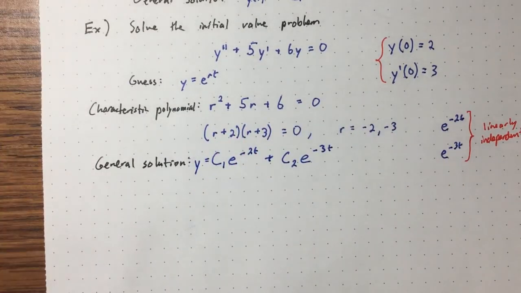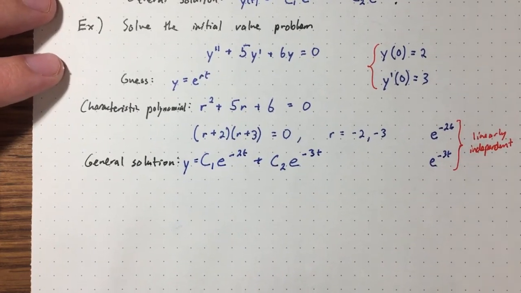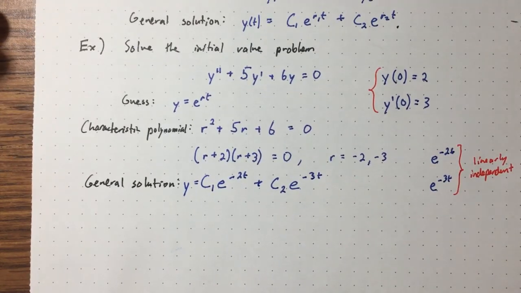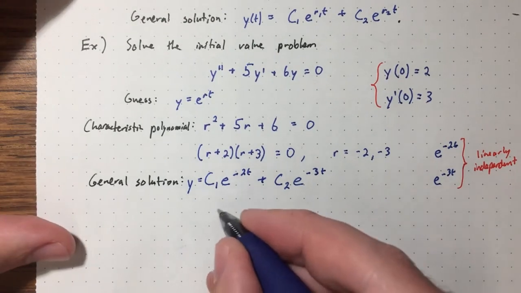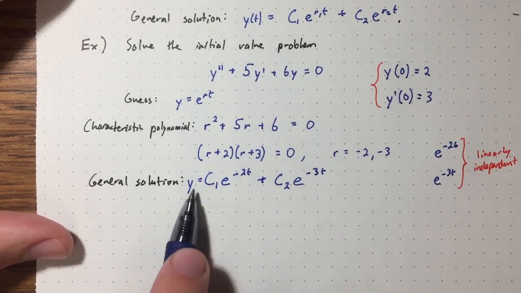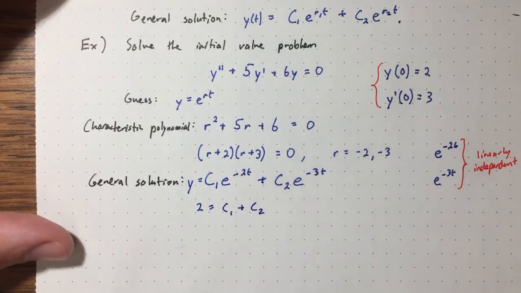So that's my general solution. We're almost done. We just need to now plug in our initial conditions. What if we use the first one? Plug in 0 for t and 2 for y, so we just get 2 equals c1 plus c2.